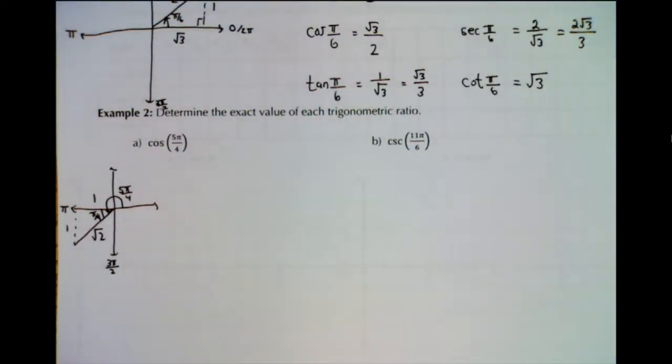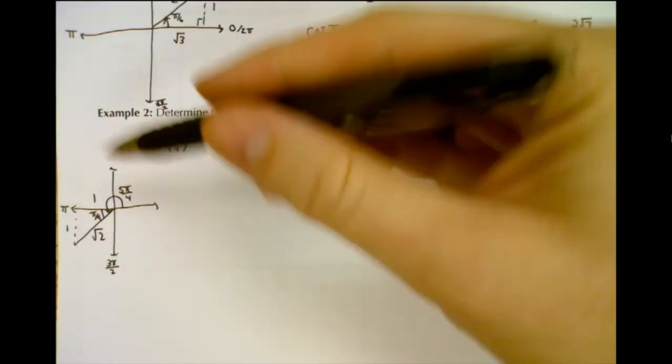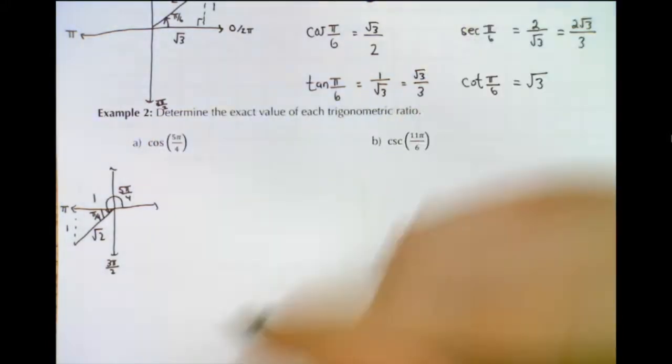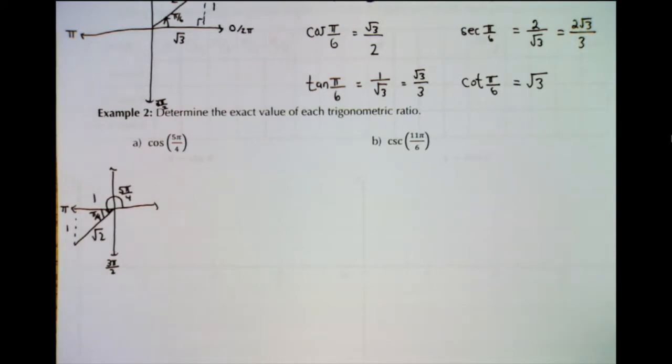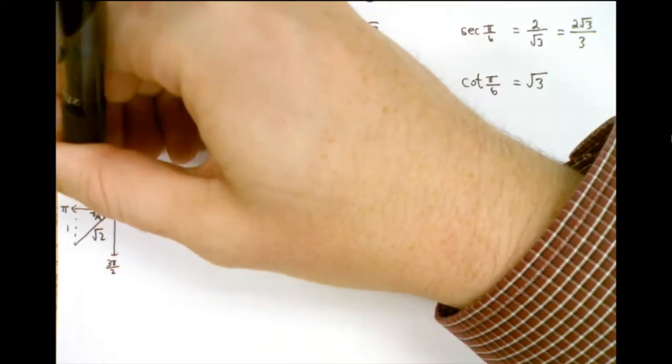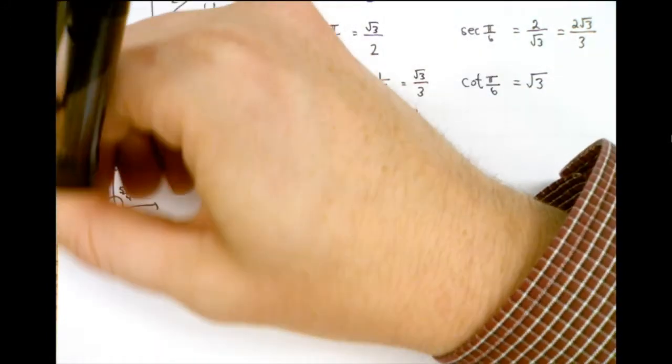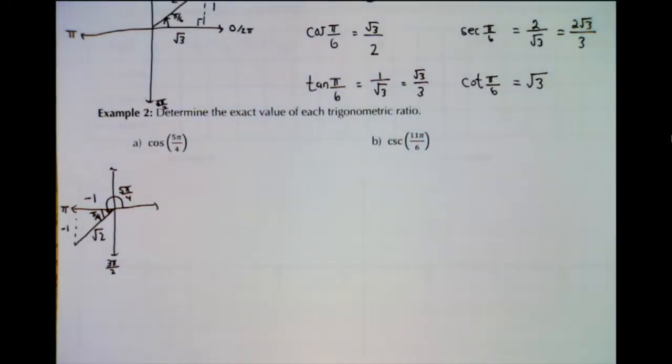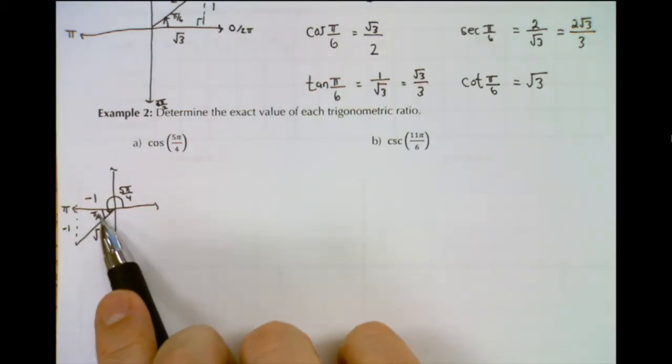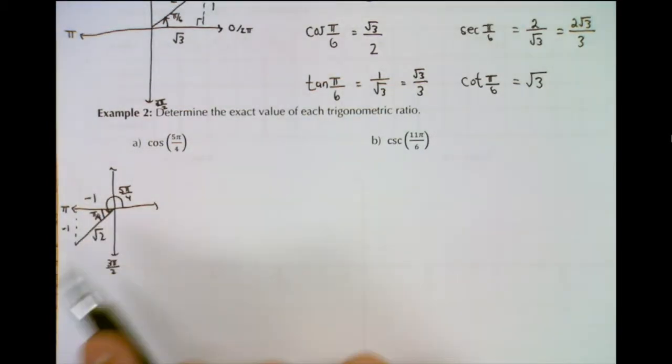And now in order to get the proper exact value, accounting for what quadrant we ended up in, we have to think about whether x and y are positive or negative in this quadrant. Since we're in the third quadrant, x is to the left, which is negative, and y is down, which is also negative. So we have our x and y's as negatives. And now if we just use this related acute angle and the properly labeled triangle, we can come up with the exact value of cos 5 pi over 4.